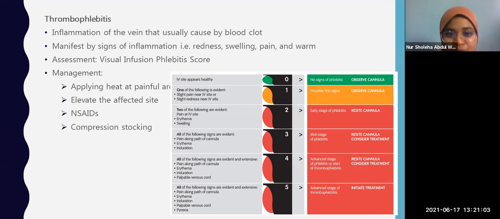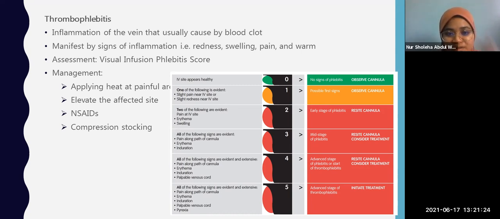For grade 1, there is one of the following, for example pain at the IV site or redness. So if the patient has either one, it is grade 1. For grade 2, there are two of the following: pain, erythema, or swelling.